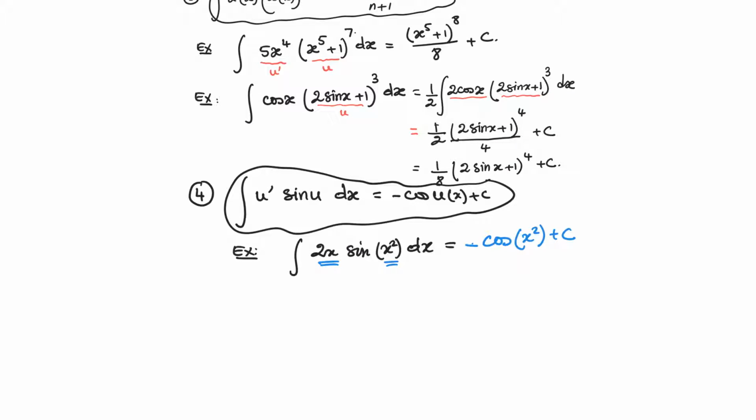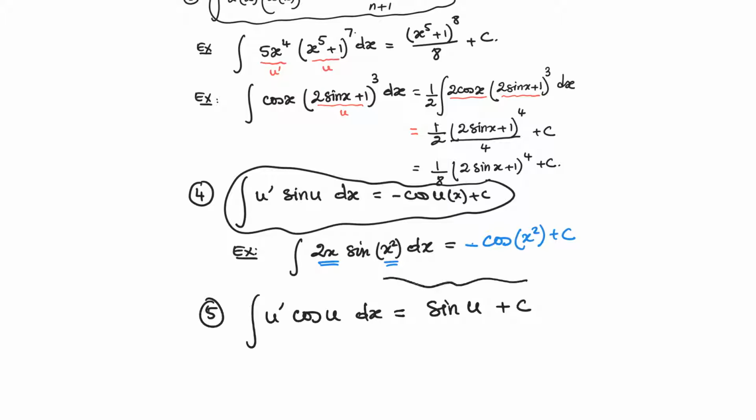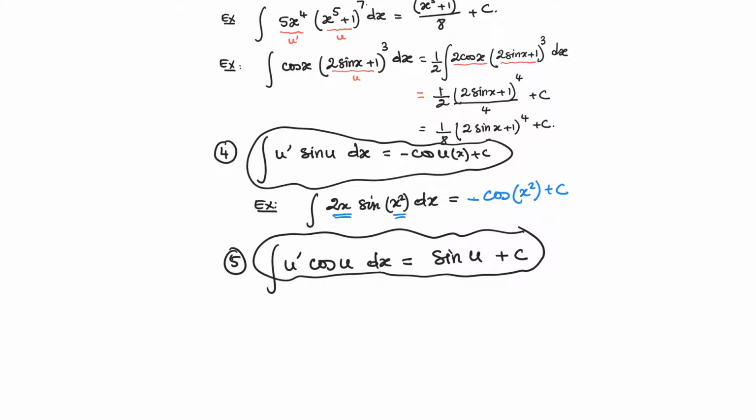Same idea with the integral of something of the form u dash cosine u dx, then it will be just sine of u plus a constant. U of course being a function of x, so you can write u of x if we want, or we can just write it as it is.